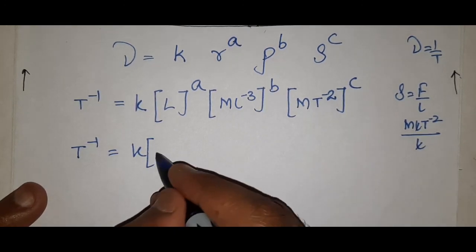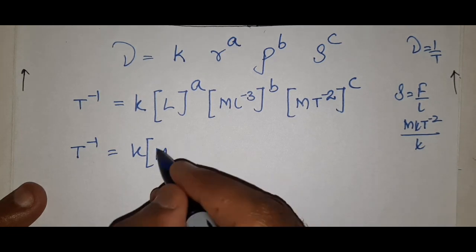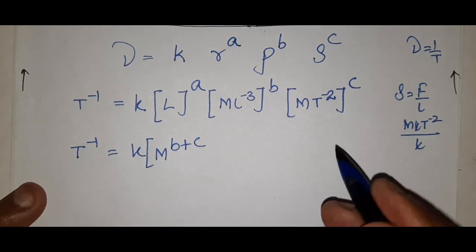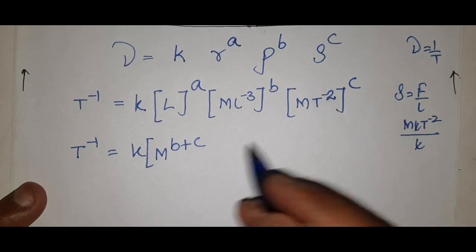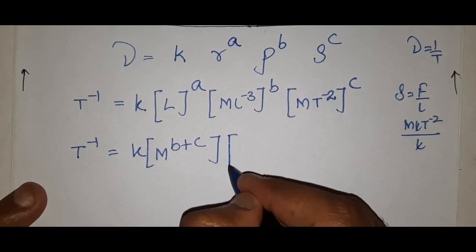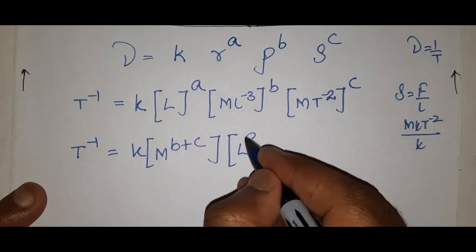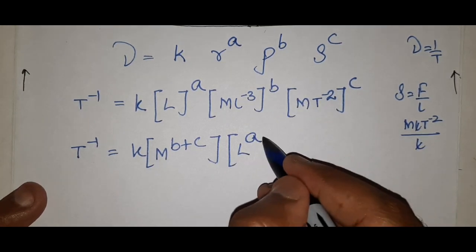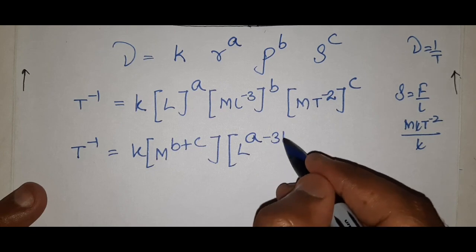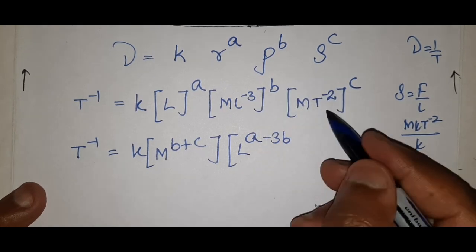When multiplying, powers will be added. Mass b plus c. Length a, length minus 3b, powers will be added.